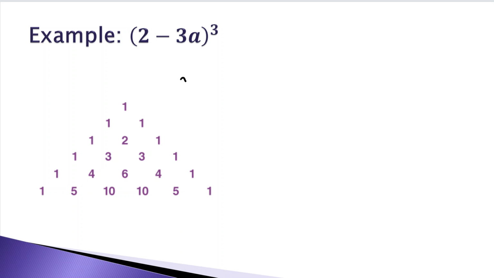I start with 2 to the 0, 2 to the 1st, 2 squared, and 2 cubed. And then I take negative 3 cubed. Oh, negative 3a cubed, I'm sorry. Like I said, it can be complicated, but if you're careful, you can do this.